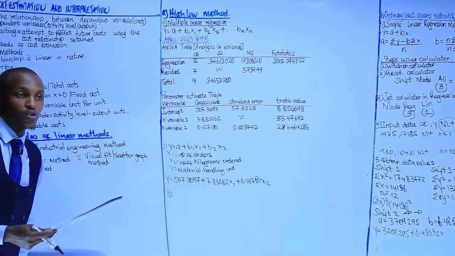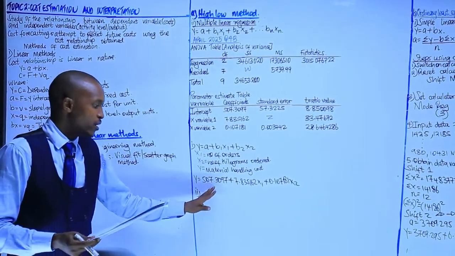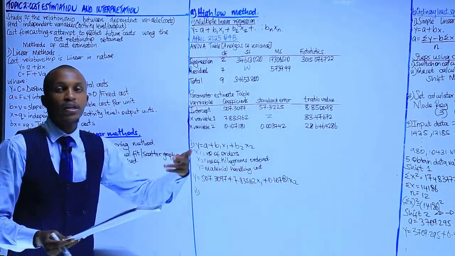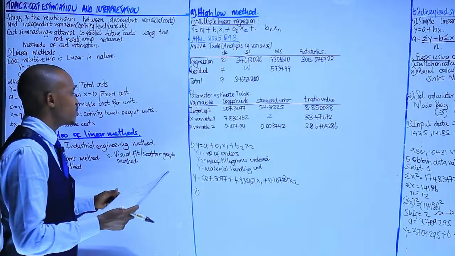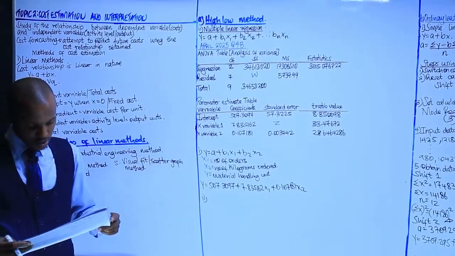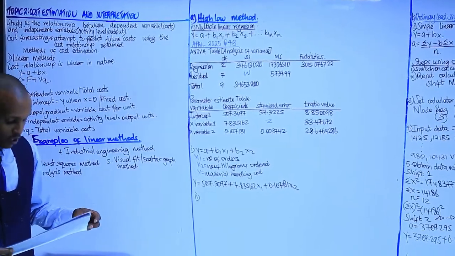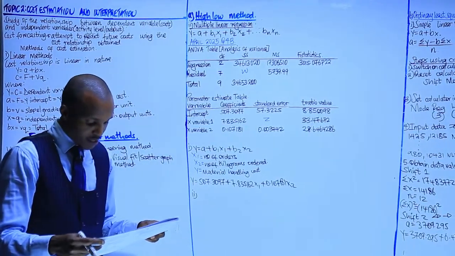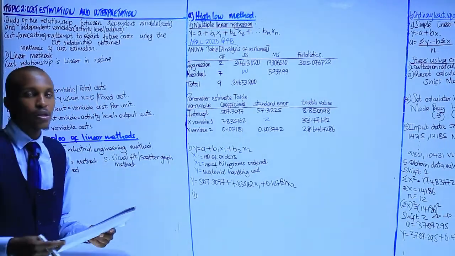Forecasting is where you use your relationship here. This relationship is cost estimation. Use this relationship to predict future cost. So they are simply asking you for your future material handling cost when you have made 350 orders and received 17,000 kgs.